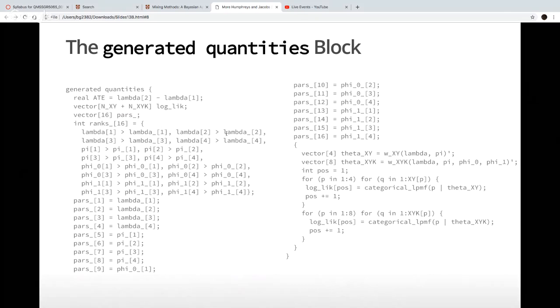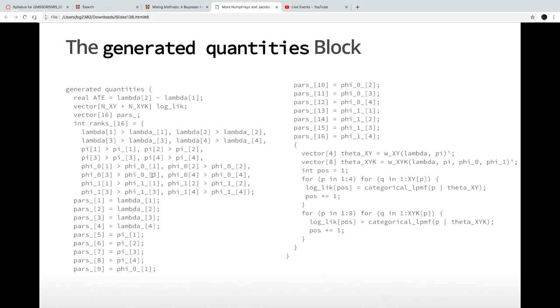I do the same for lambda_2, all the lambdas, all the pis, all the phi zeros, all the phi ones. So for each of my parameters, I'm basically evaluating the probability that this posterior draw is greater than the prior draw. And if that ends up all lopsided, I know something has gone wrong.